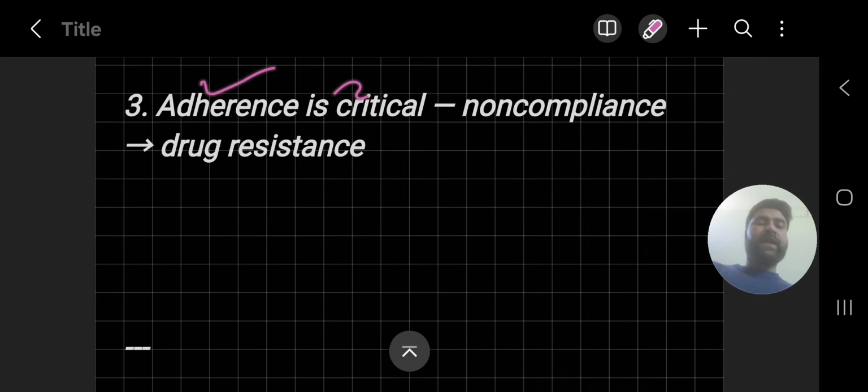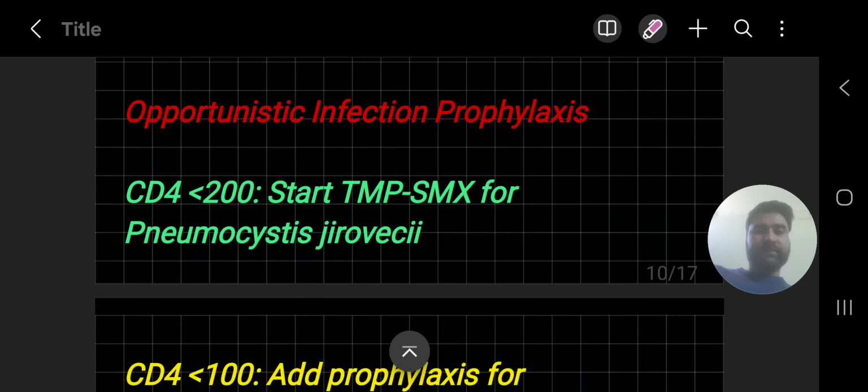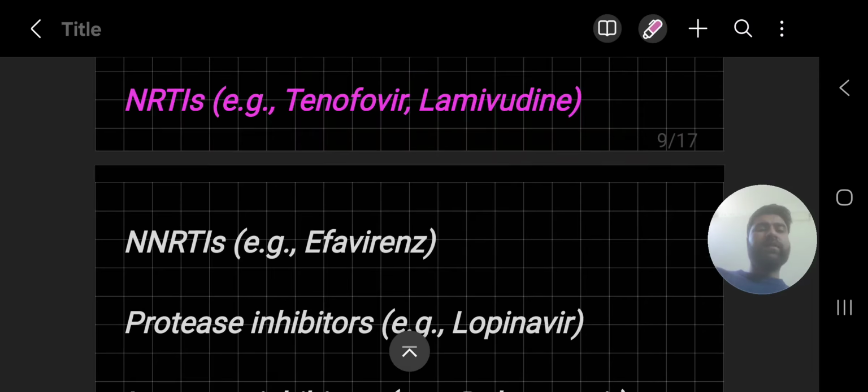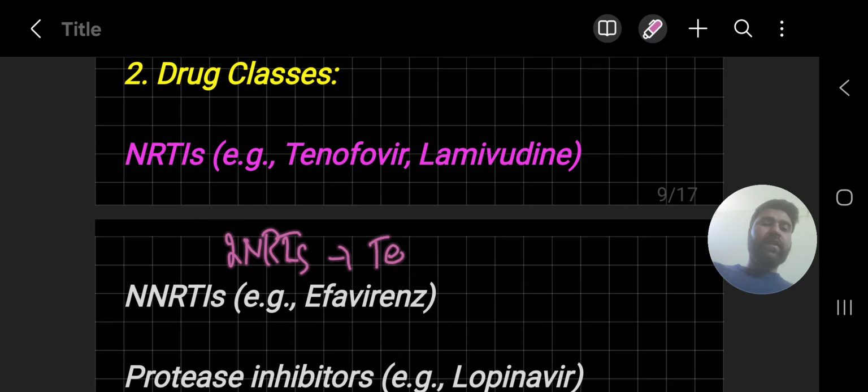Third one, the aim is adherence. Adherence is critical because non-compliance leads to drug resistance in patients who are not adherent to their antiretroviral therapy. So how do we give this treatment? You have to give 2 NRTIs, for example tenofovir plus emtricitabine.